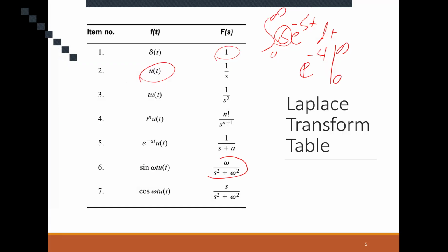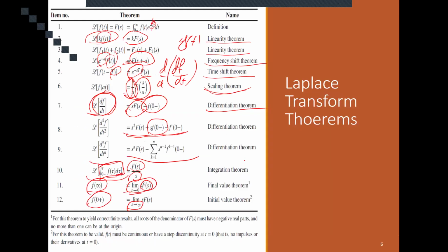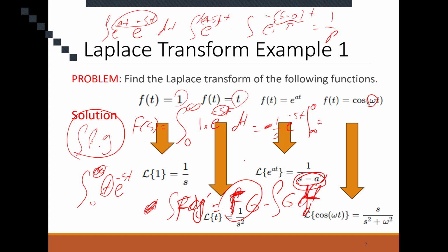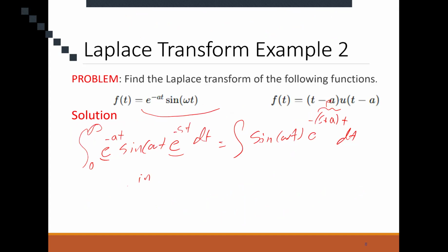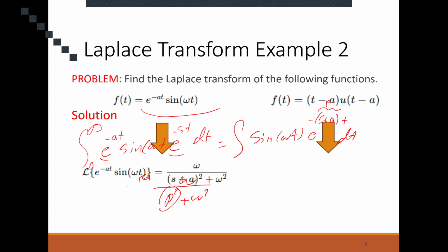The Laplace transform of sine omega t is omega over s squared plus omega squared. Okay? Now let's go back to the example. Now this one is omega over p squared plus omega squared. What is p? s plus a. Make sense?